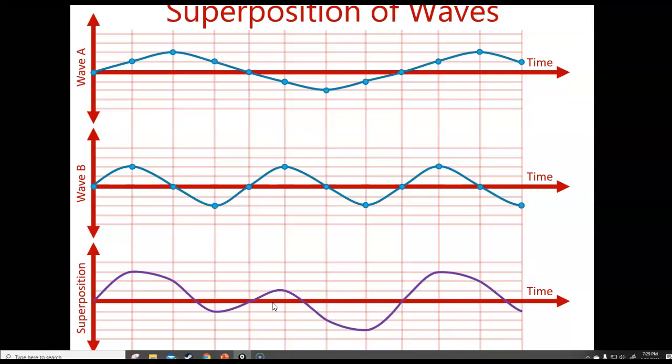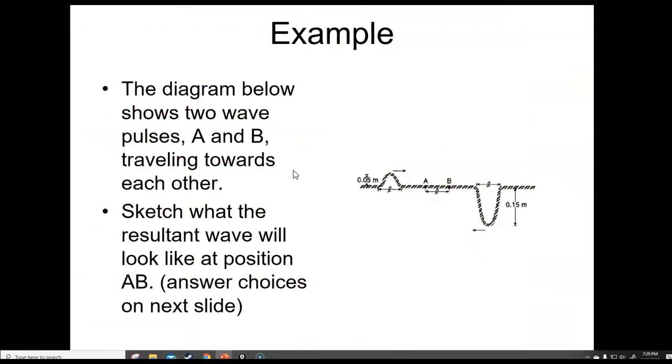It's not symmetrical, is what I'm saying. So when you have superposition of waves, the resultant can look kind of weird, especially if you're adding more than two waves. Technically speaking, you can have superposition of an infinite number of waves. Okay, so let's go to the next example.